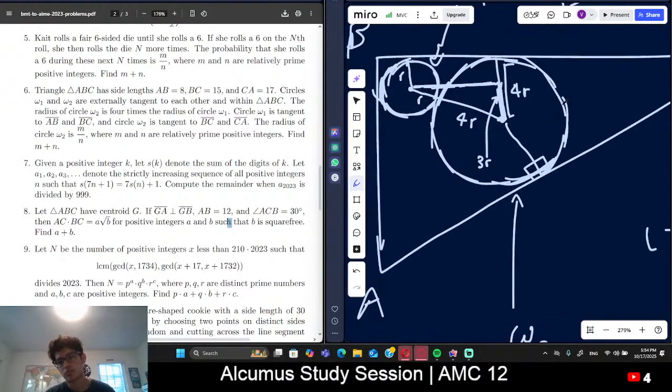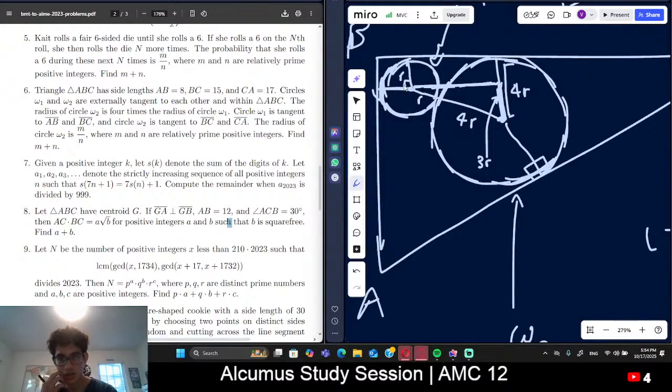Okay, so we managed to relate some of the information here. Let's think about the angles that we have. This is going to be a right angle over here, right?